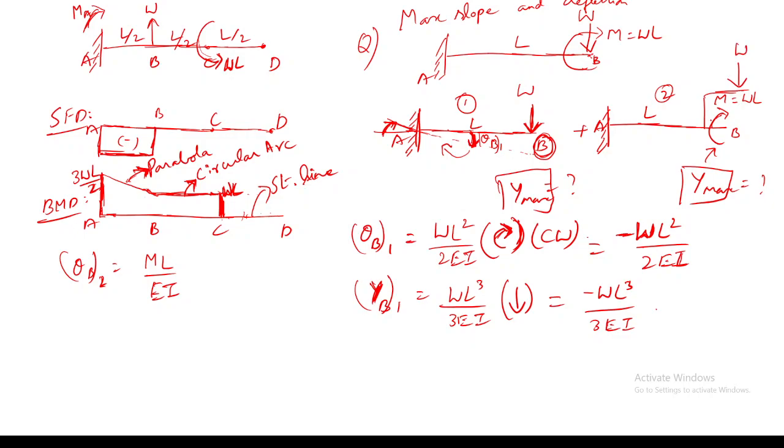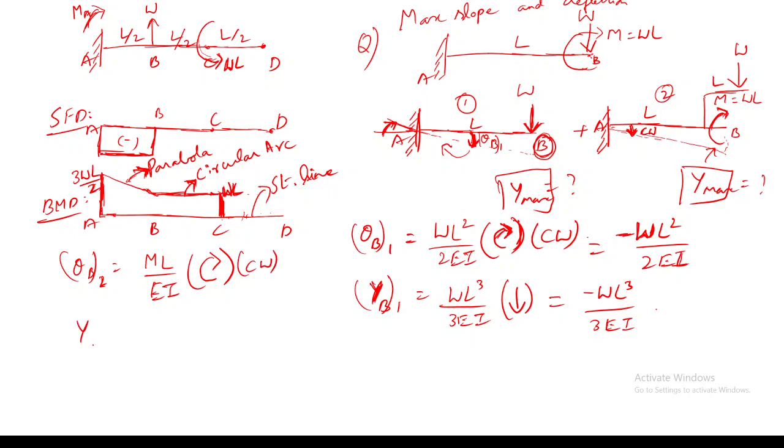This kind of load will give me a bending moment at B as M equals W into L. Due to this, the beam will deflect downwards, so you will be measuring this angle. So it will be negative, which means clockwise direction. Understood? So again, it will be a clockwise direction.